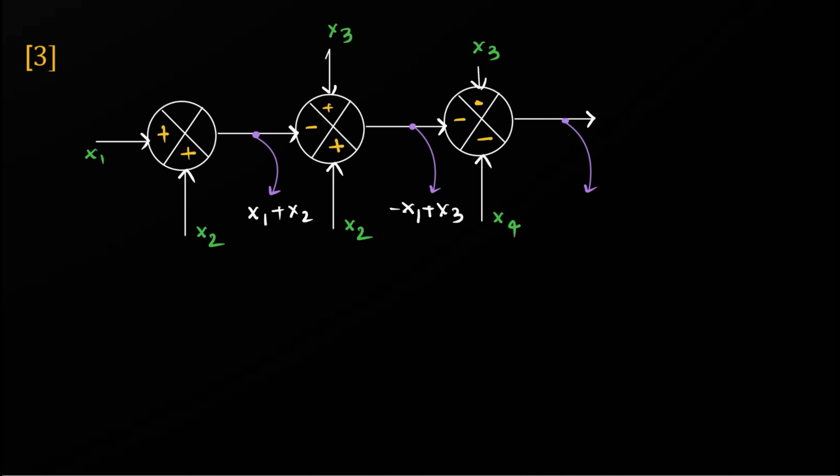So this will become x1 plus x3 minus x3 minus x4. So my output y will be x1 minus x4. This is how you calculate the output if summer blocks are connected in series.